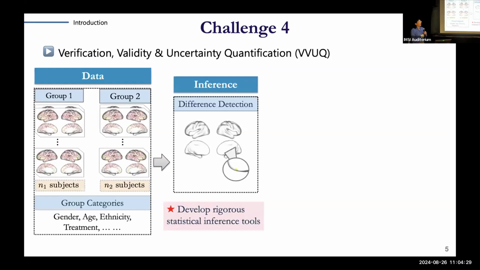For example, in neuroimaging studies, let's say we try to locate and identify the difference between two groups of images, or identify the significant effect of some treatment. We need to develop rigorous statistical inference tools to understand and identify those differences.